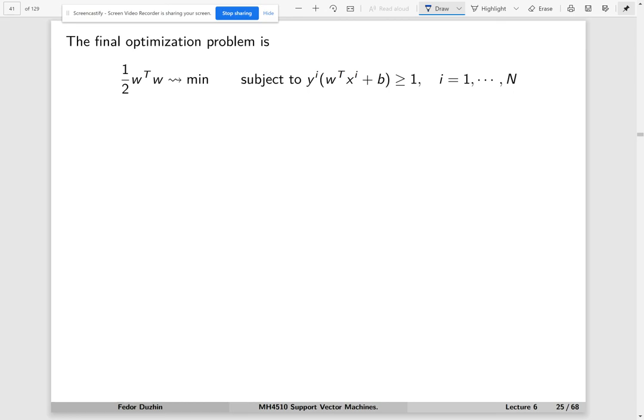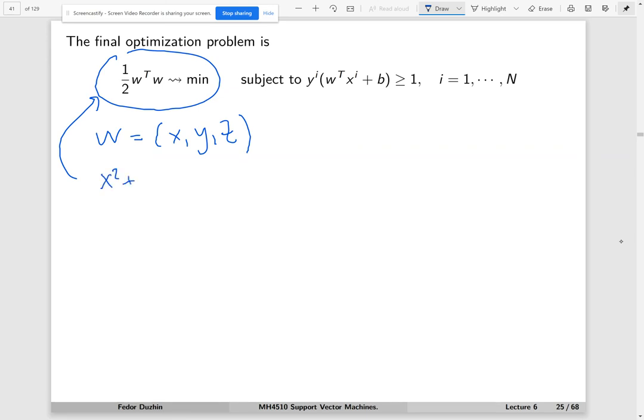Now let me explain why this is better than the original: because this is something familiar. The objective function is quadratic in w. If your w is something like x, y, z, then this part is going to look like minimize x squared plus y squared plus z squared.